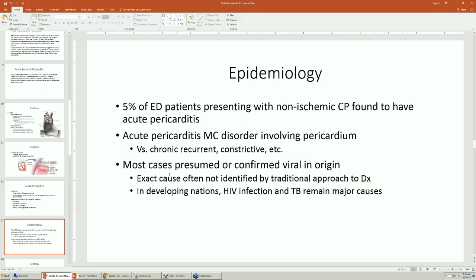So acute pericarditis involving pericardium, recurrent, constrictive, these are all the different things that happen. Most cases presumed or confirmed are viral in origin, and we really don't do a lot in a workup anymore. It can be a presentation of somebody with rheumatoid disease who has rheumatoid arthritis but hasn't had the onset of the arthritis yet and presents with pericarditis.